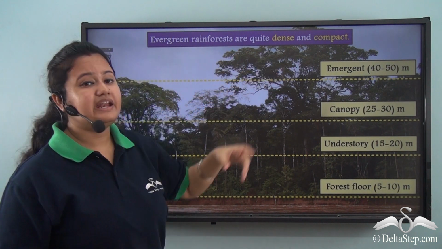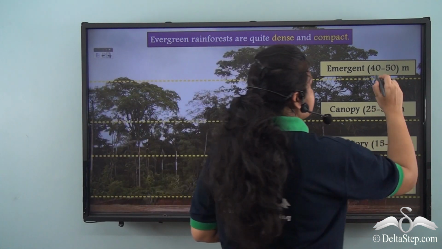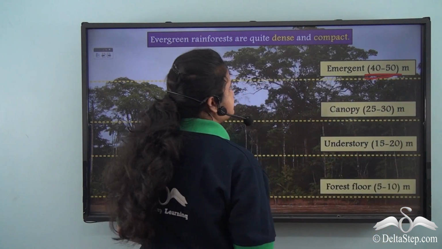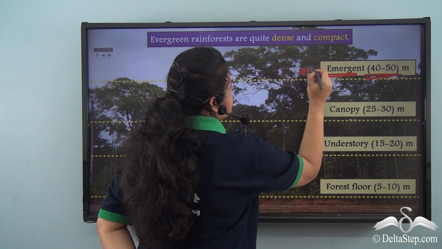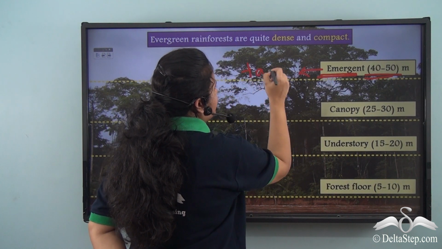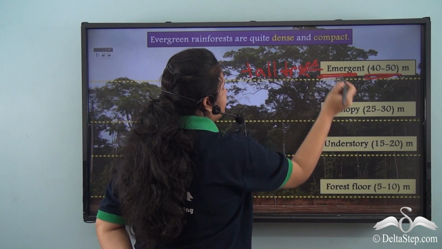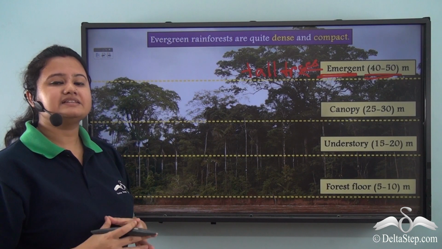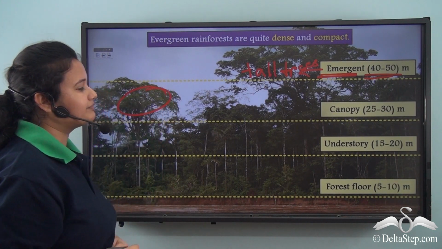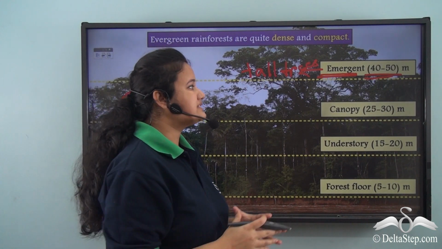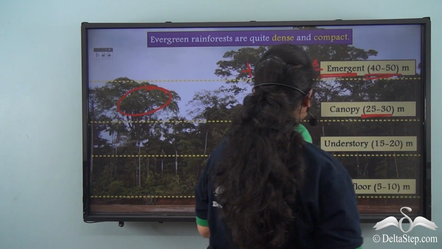The first layer, that consists of very tall trees of about 40 to 50 meter, is the emergent layer. So emergent layer consists of extremely tall trees. The second layer consists of trees that have huge canopies, and these trees have a height of 25 to 30 meter.